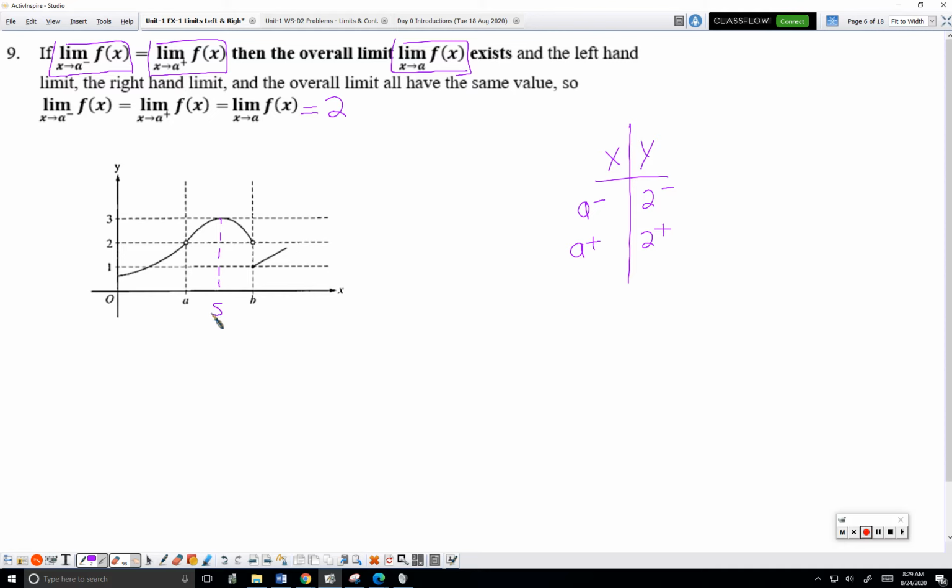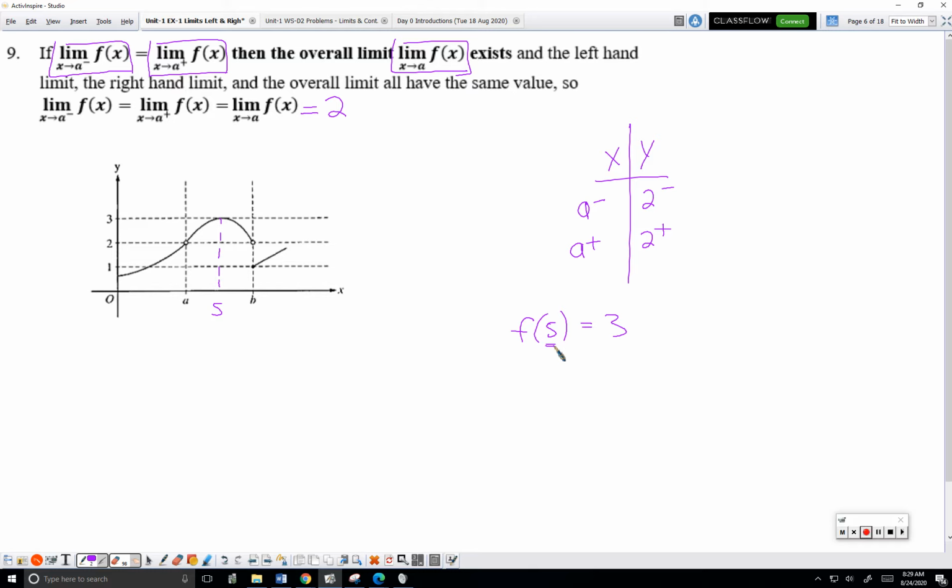Is that okay? If I were asked to find the limit, first of all, I'll just talk with you, Jackson. I think this will make sense. What would you say is f of 5? 3. So when the x-coordinate's 5, the y-coordinate's 3.